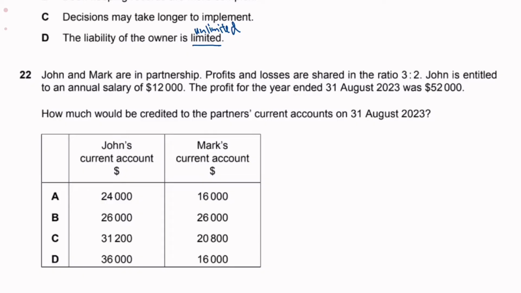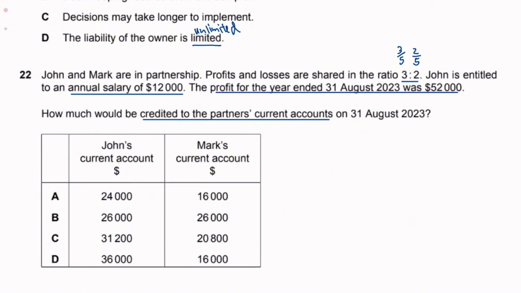Question 22. John and Mark are in partnership. Profits and losses are shared in the ratio 3:2. So you can write it in fraction form. John is entitled to an annual salary of $12,000. The profit for the year ended 31st August 2023 was $52,000. How much would be credited to the partner's current account on 31st August 2023?